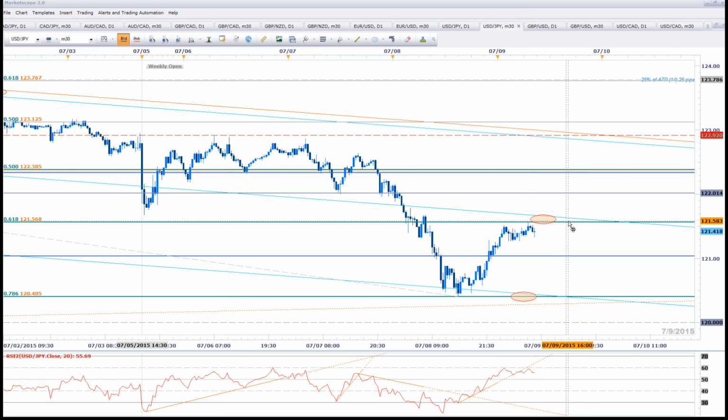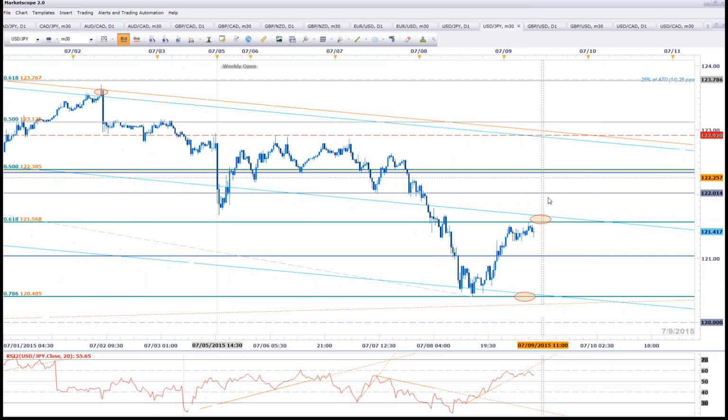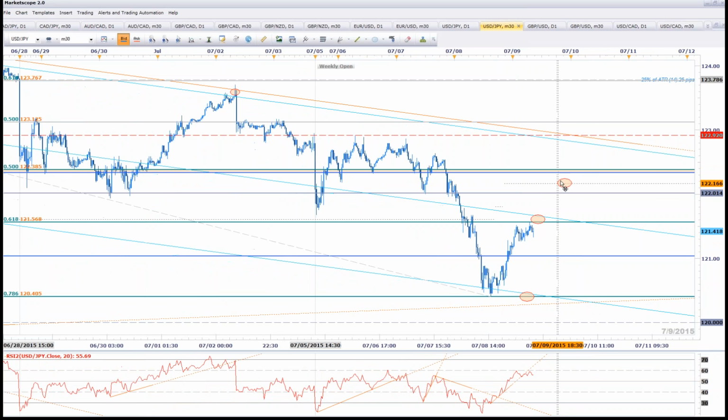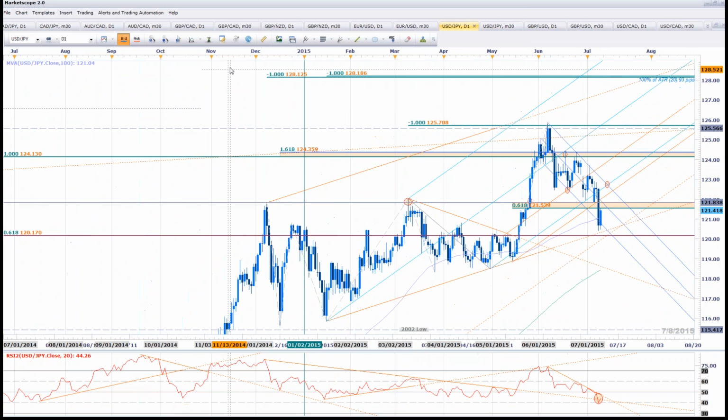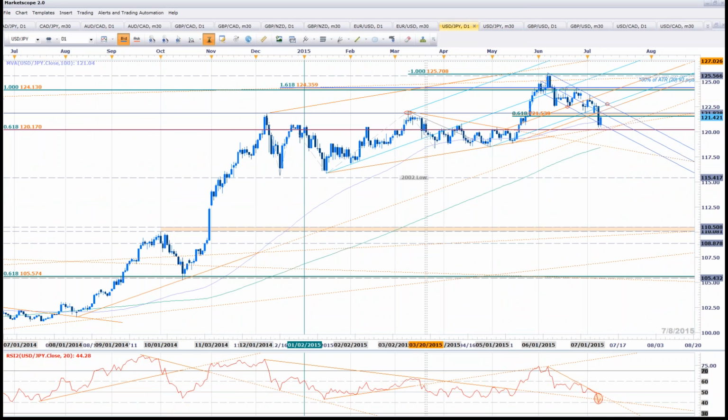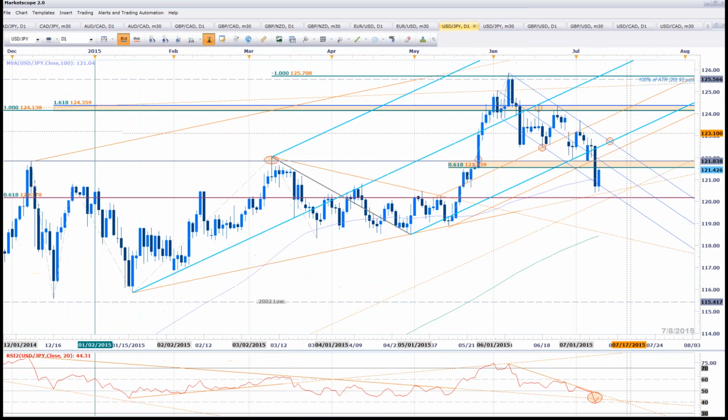If this does break 122, 122.34, 122.40 region right here, the broader bullish continuation is up here. Okay, so for the trade to actually be back on the constructive side, back on the long basis, which again, the longer term position here is still going to be constructive, that's the level you would need to be.